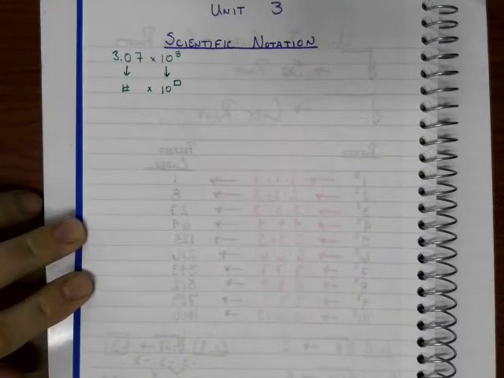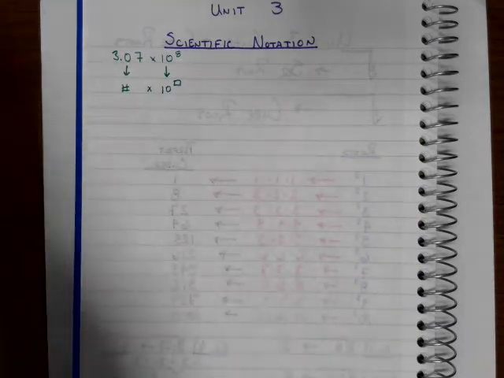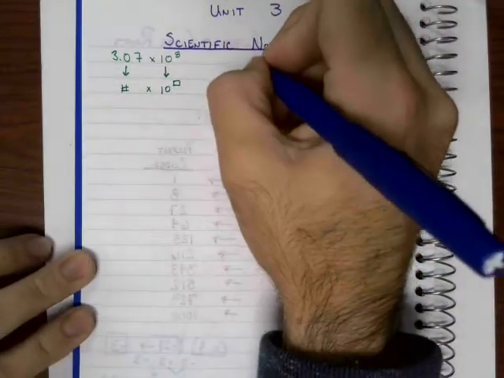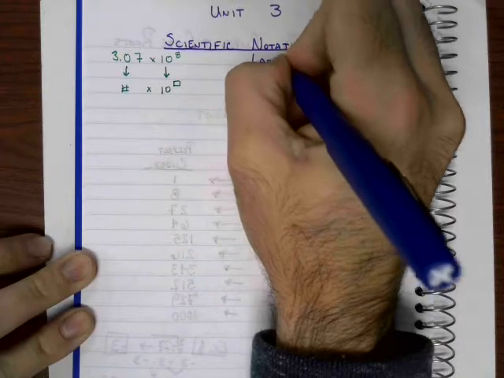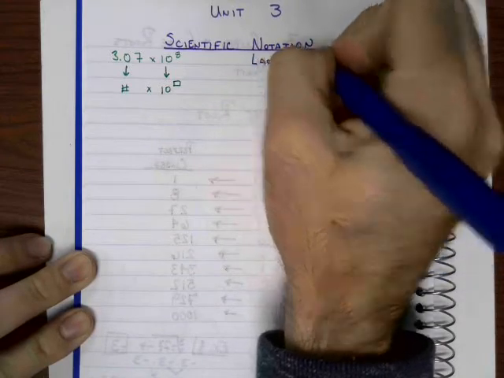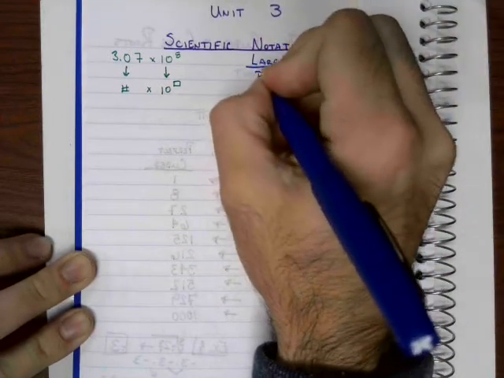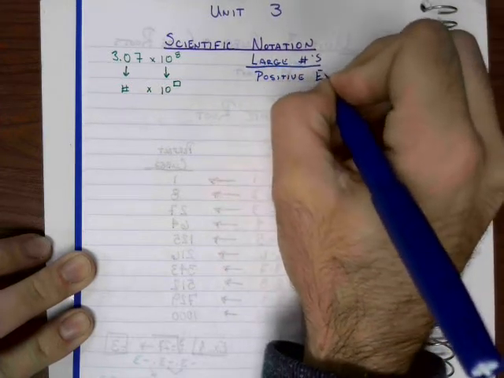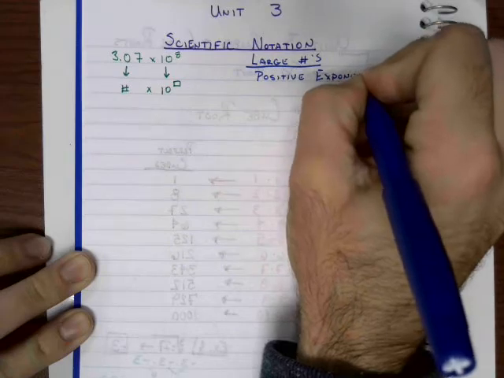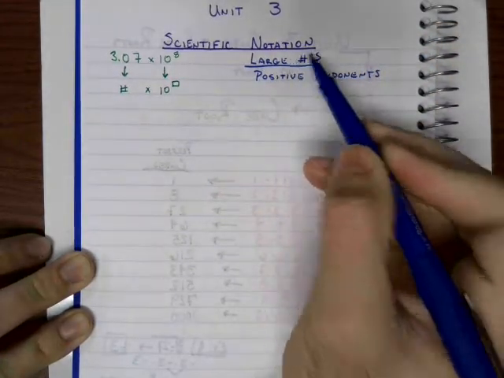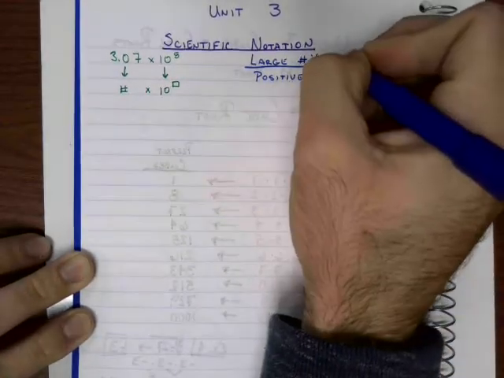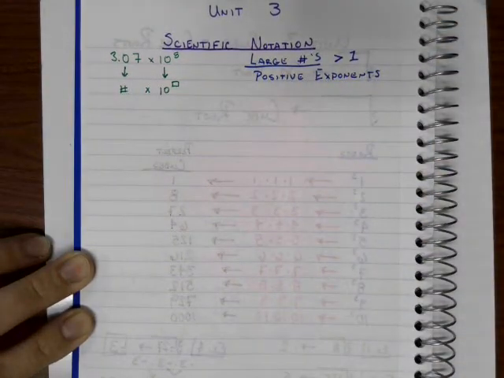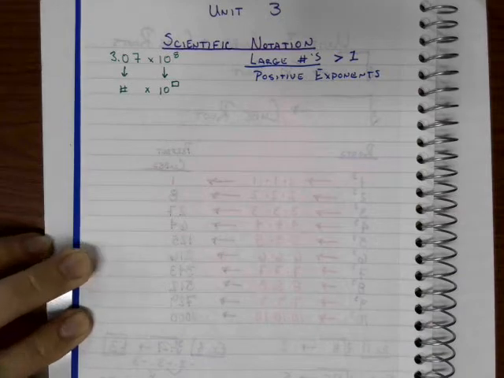Okay, so a couple things to remember as well: large numbers have positive exponents. These are numbers that are greater than 1.